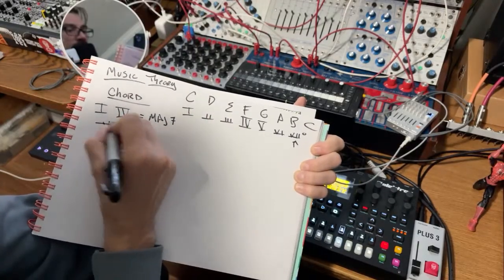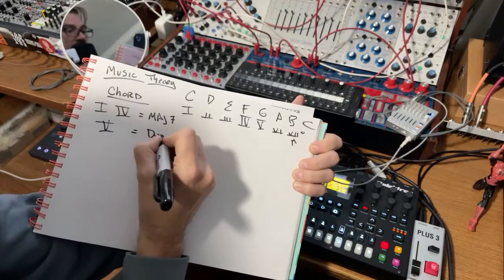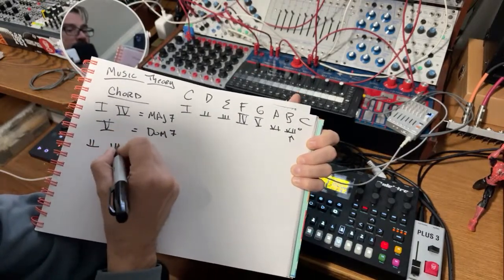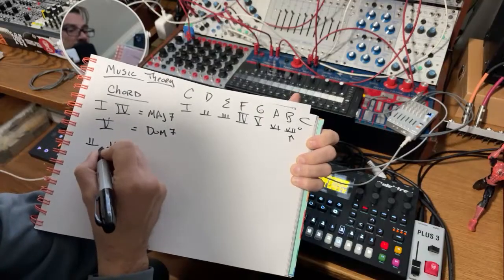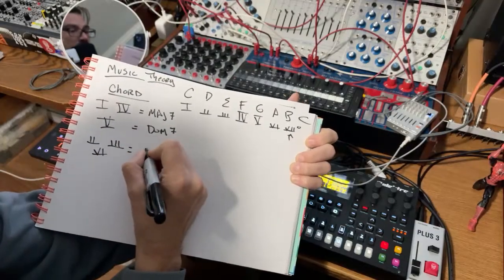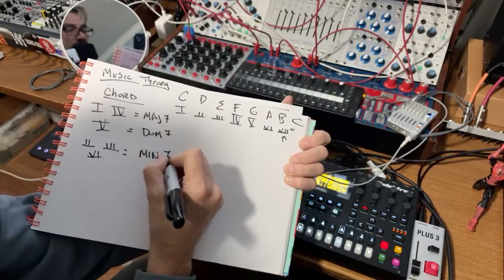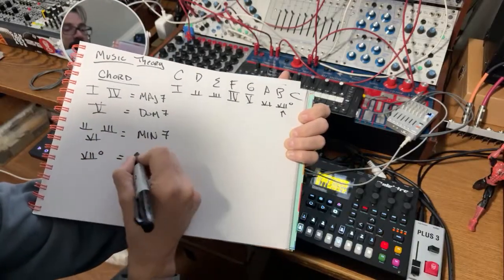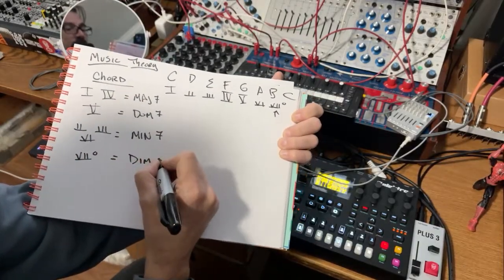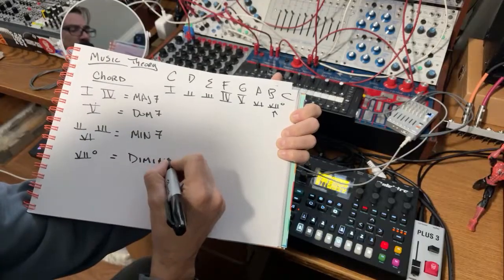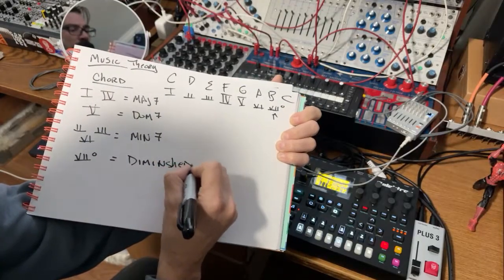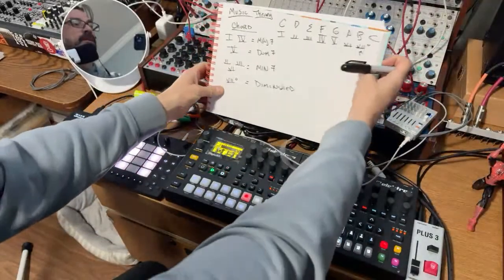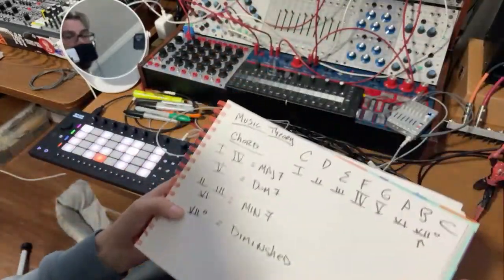A 5 chord is a dominant 7. 2, 3, 6, I just put minor 7 so you can learn for quickness. And 7, the makeup is automatically diminished. Some people say half diminished, is what I hear.